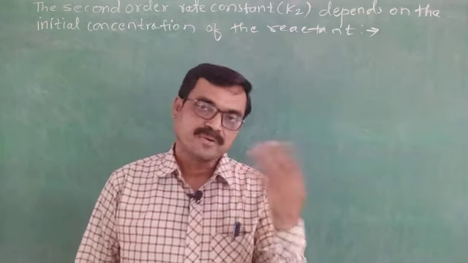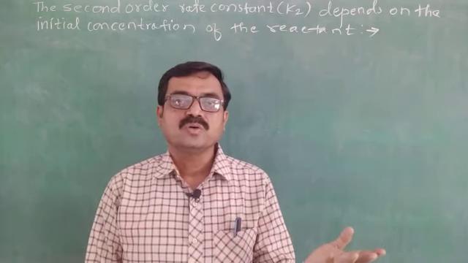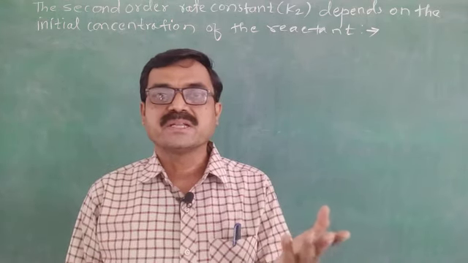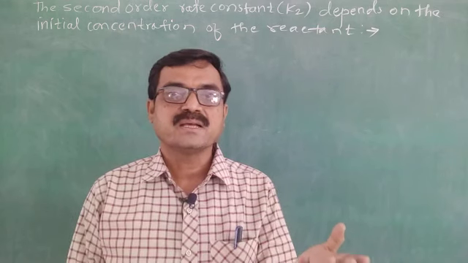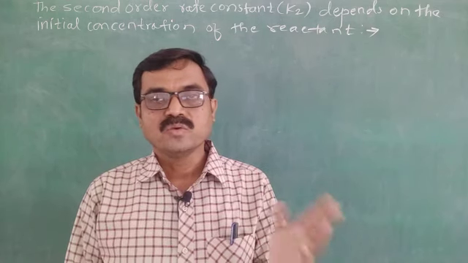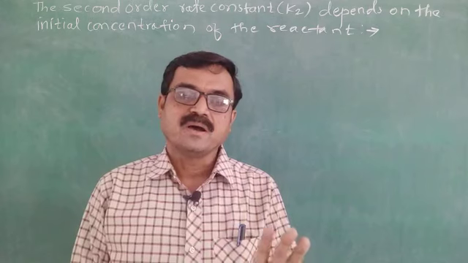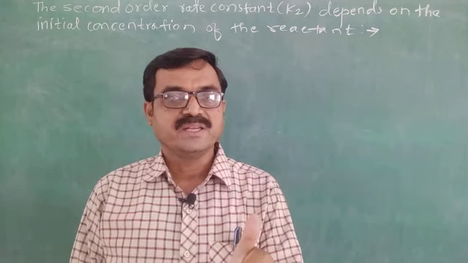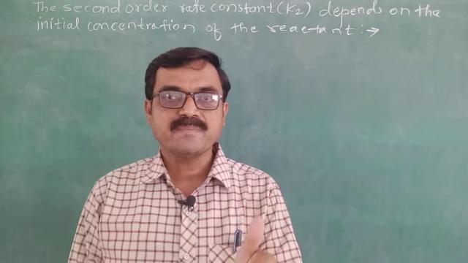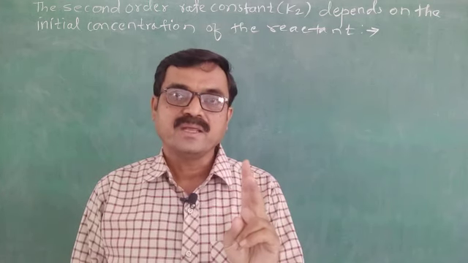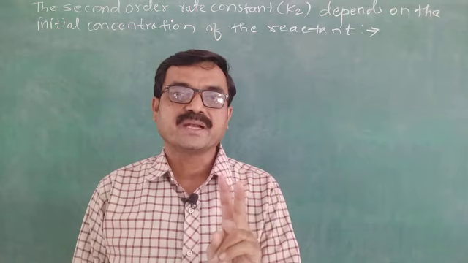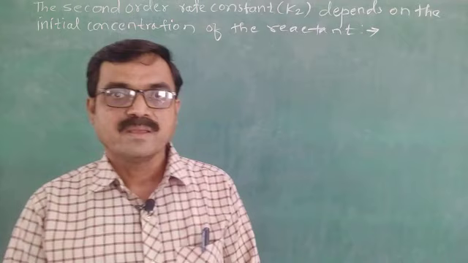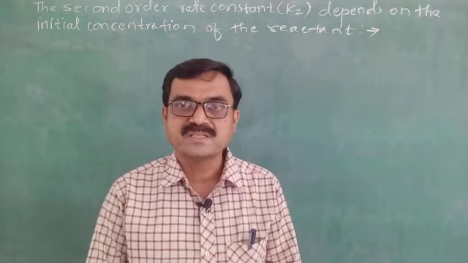Before that, you know the rate constant for a second order reaction when the concentration of both the reactants is the same. So you know both derivations: first, when the initial concentration of both the reactants is the same, and second, when the initial concentration of both the reactants is different. Now today we have to see some characteristics, properties of this second order reaction.